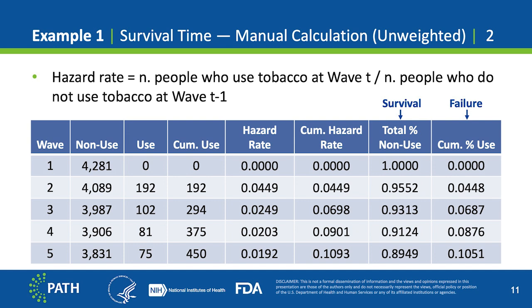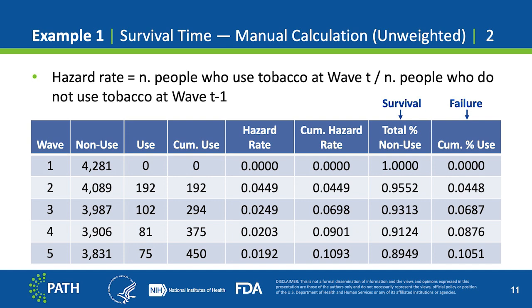And for survival, that's much more straightforward than the hazard rates. That's just the number of persons who do not use tobacco divided by the number we start with. And the failure rate is 1 minus the survival rate. The reason we present all those numbers is to show you the output that's available from the SAS functions.